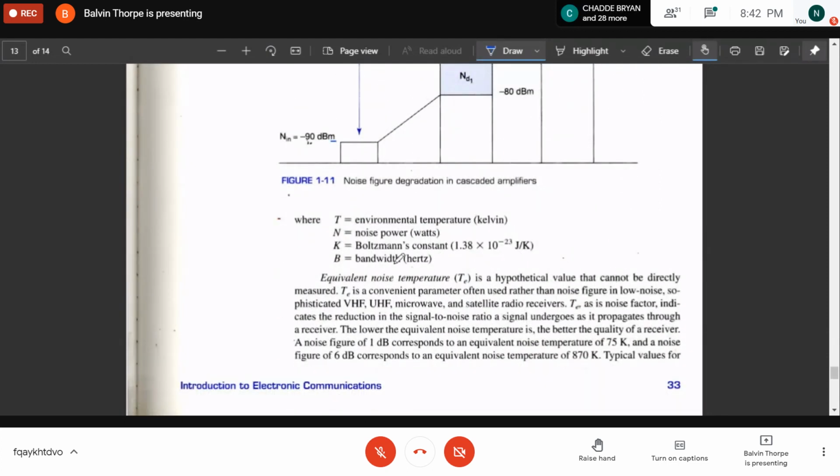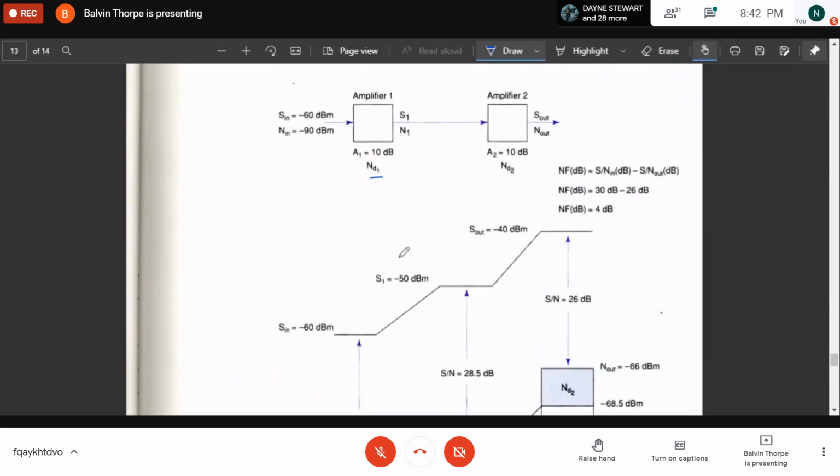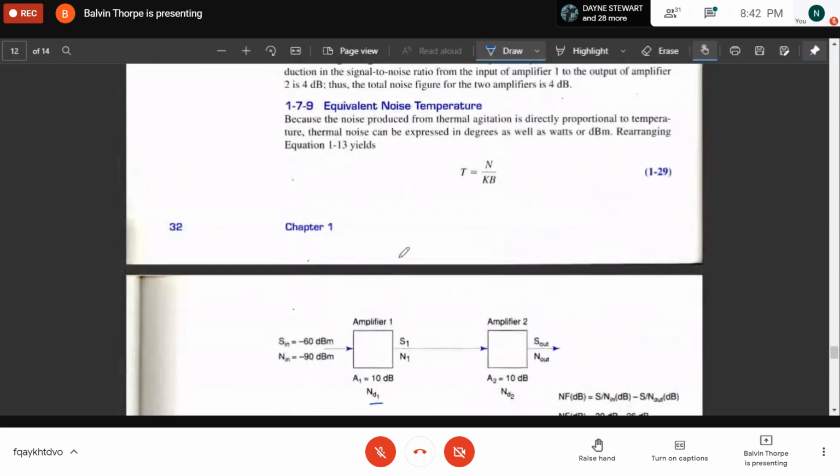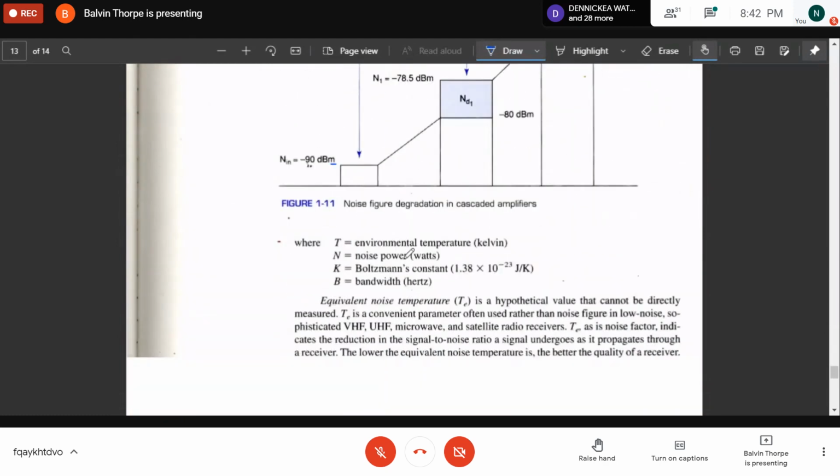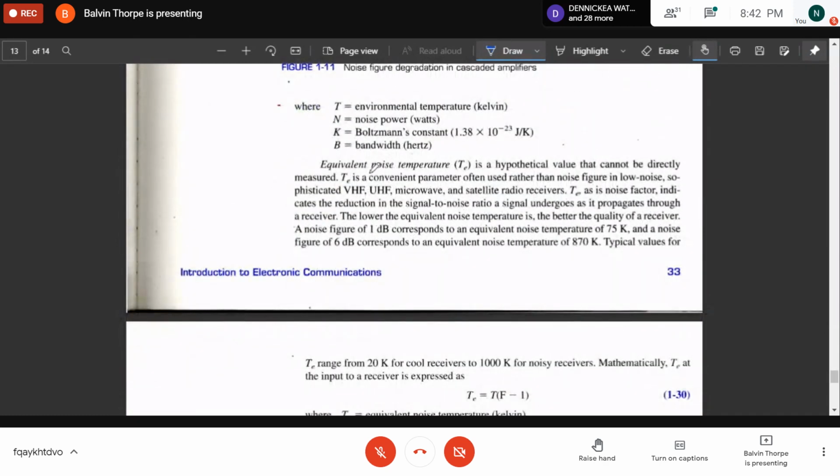However, we can actually measure the thermal effect of the system to the equivalent noise temperature, TE, where the equivalent noise temperature is a hypothetical value that cannot be directly measured.